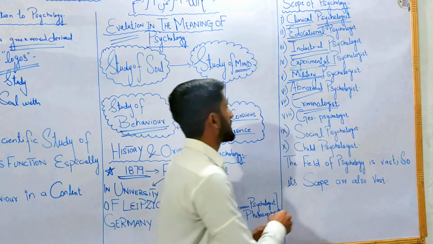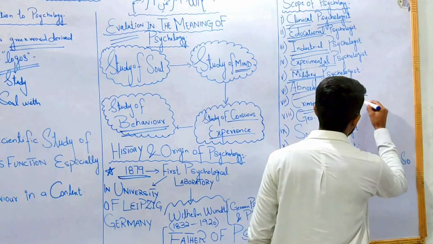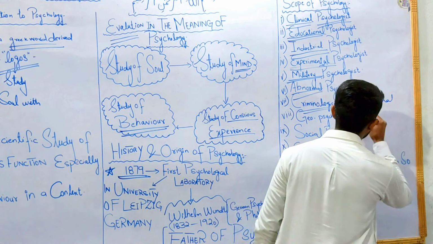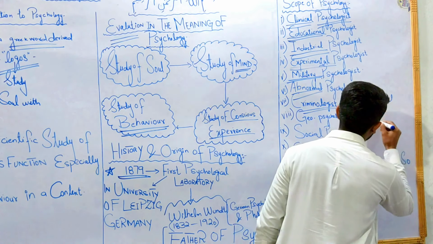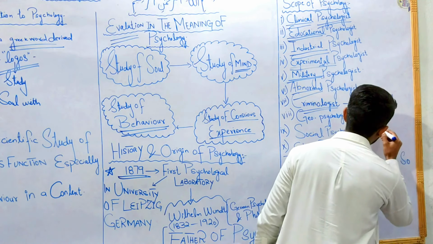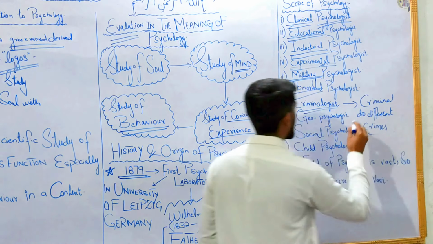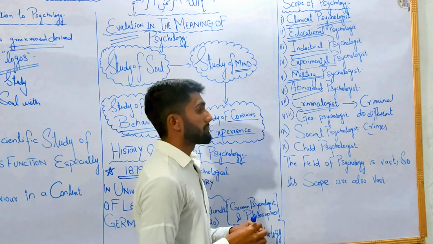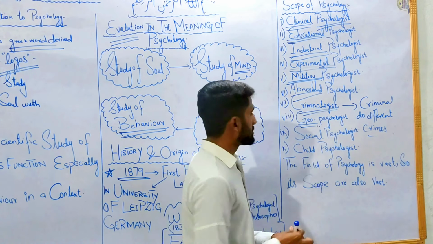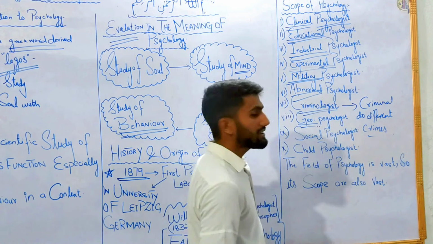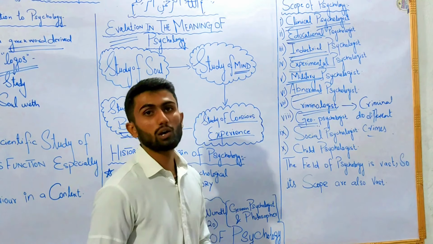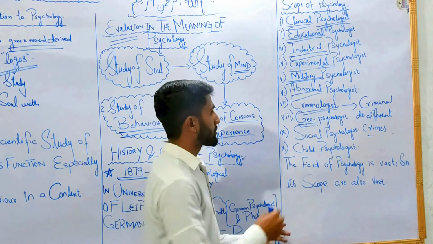It studies how criminals commit different crimes. So it deals with the mental study of criminals. Geopsychologist, geo means geographical psychologist. A geographical psychologist focuses on the ecology, climates and other psychological factors related to the earth.